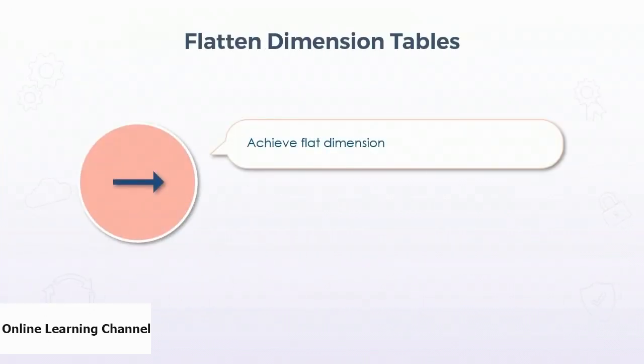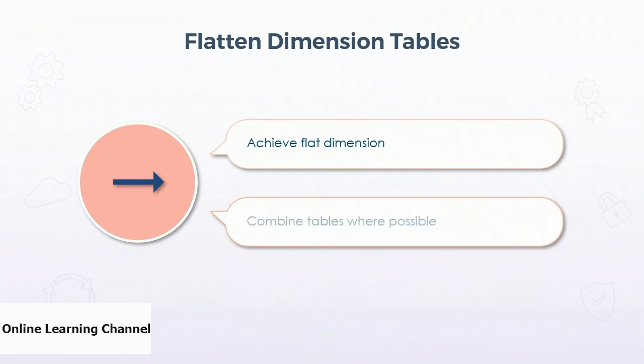You should flatten dimension tables as much as possible, because the star schema means that there are no foreign key relationships between dimension tables. So combine dimension tables where possible to achieve a flat dimension, meaning the dimension tables have dimension fields only and no foreign relationships to other tables.